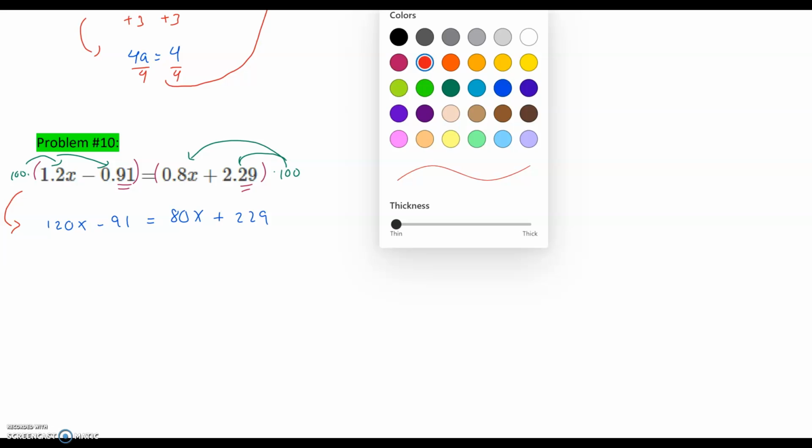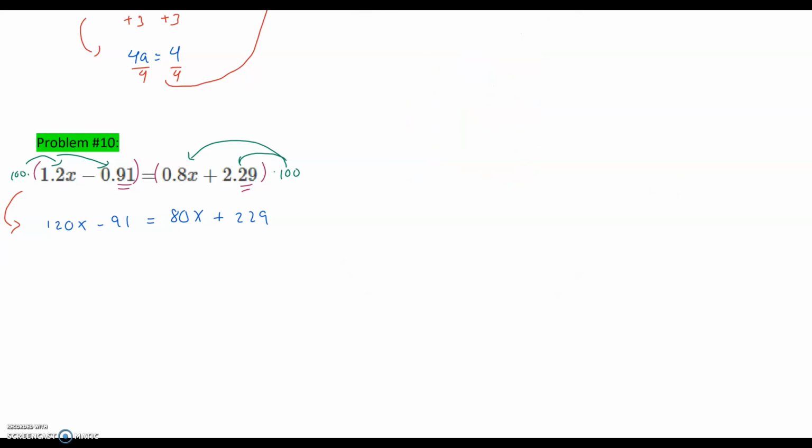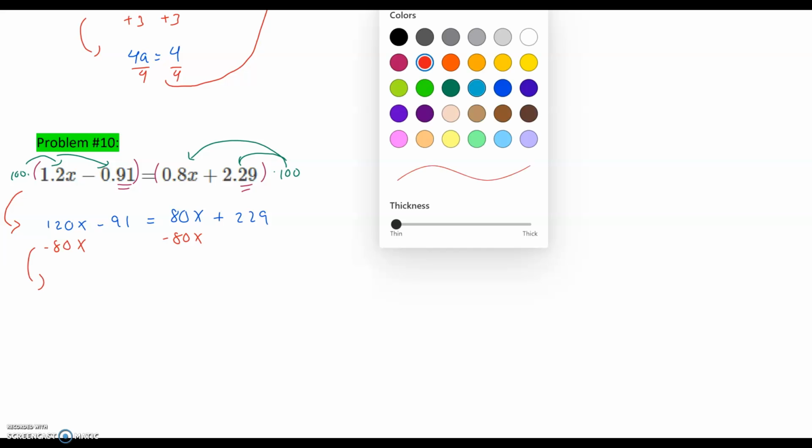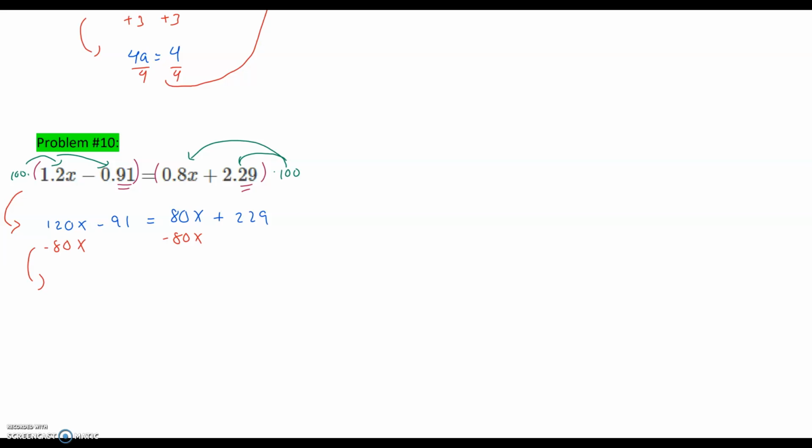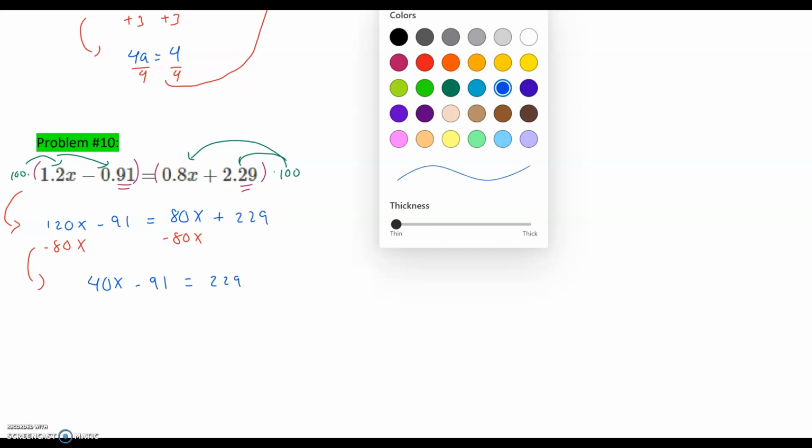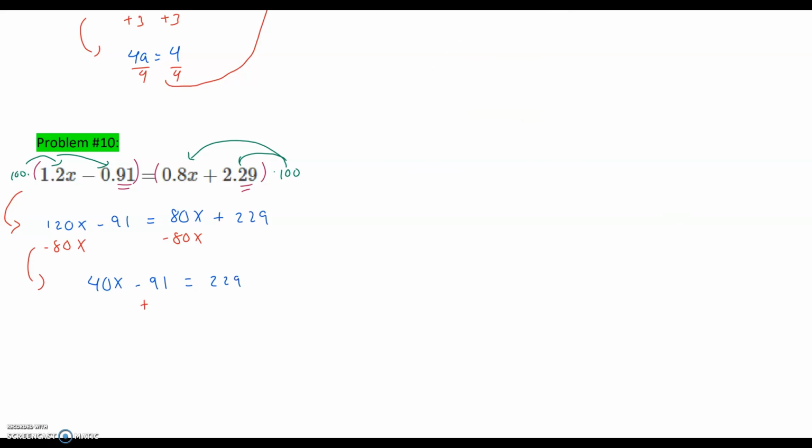What we're going to do here is put the x's on one side. So let me subtract the 80x and the 80x. This is going to now be 40x minus 91 is equal to 229. And let me add the 91 and the 91.